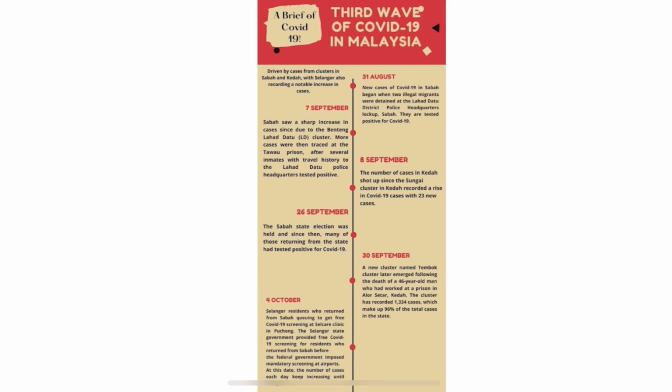A COVID-19 test after his death found the man to have been infected with the virus. Since then, the cluster has recorded 1,334 cases, which make up 96% of the total cases in the state.